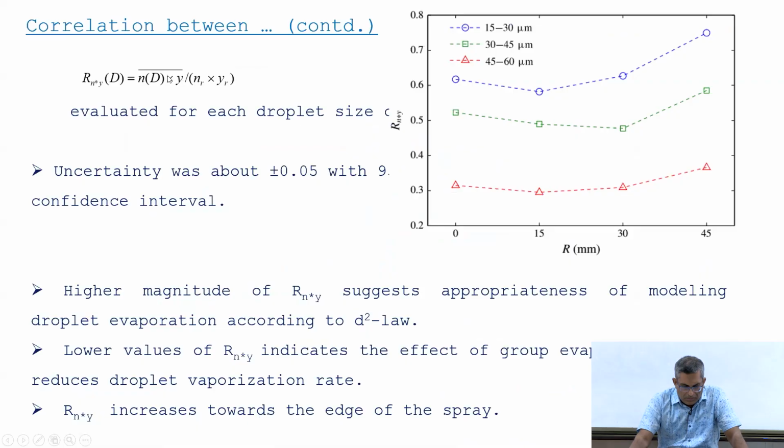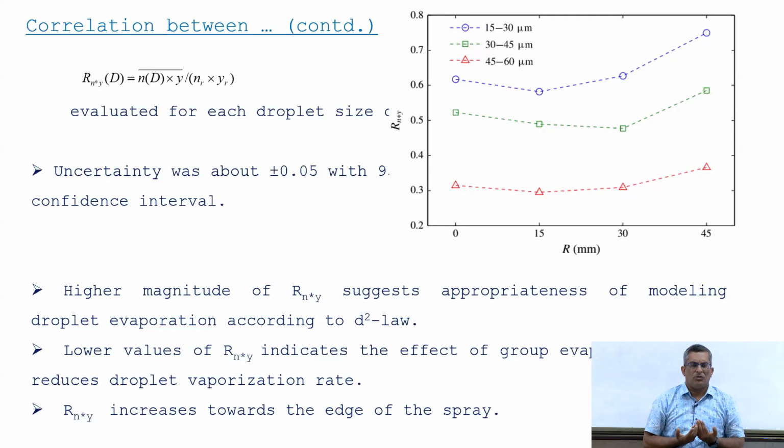That is the question. An attempt has been made to calculate the correlation between the number density fluctuations and the vapor fluctuation. So, how are they correlated? This means that if the fluctuation in the number density is, say, positive, then what happens to the vapor fraction? Should it be positive?